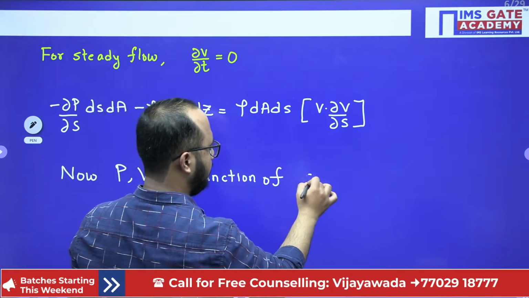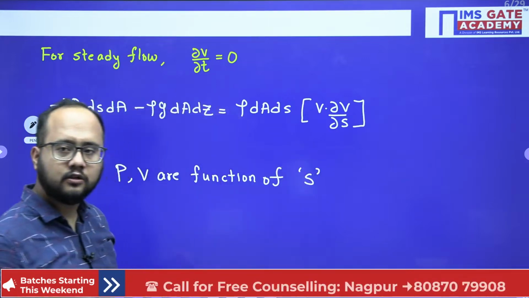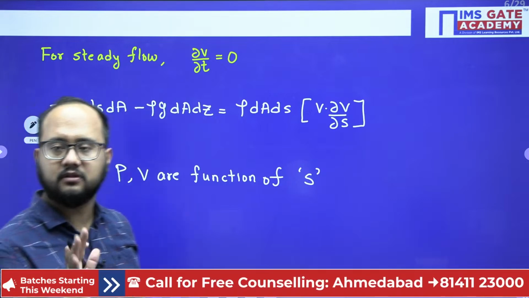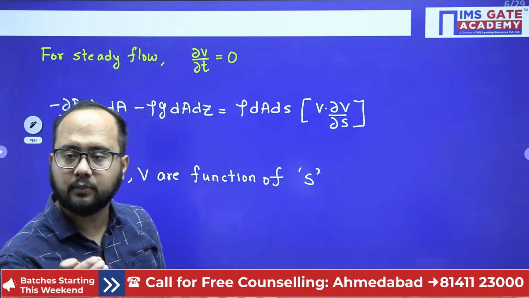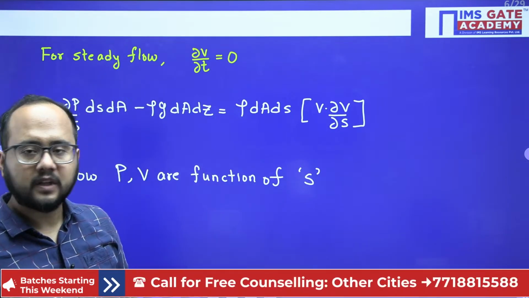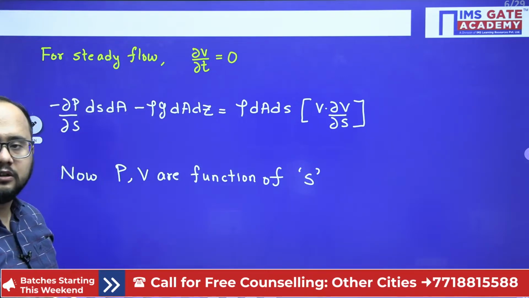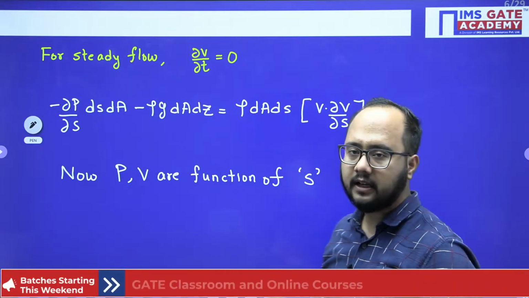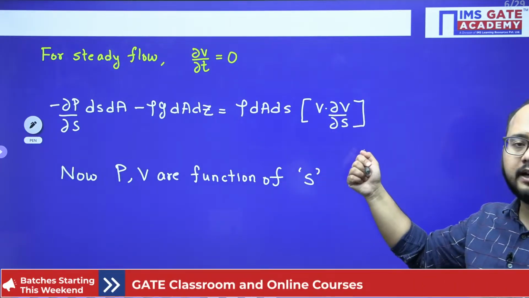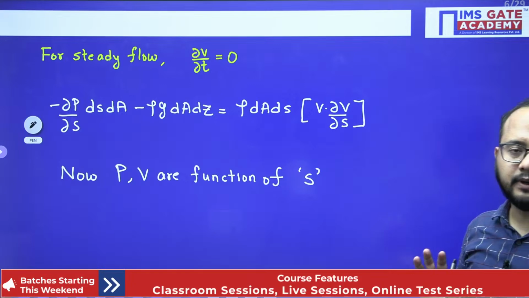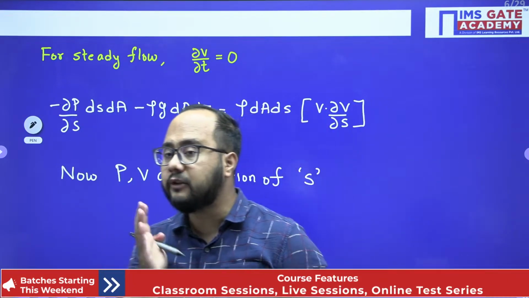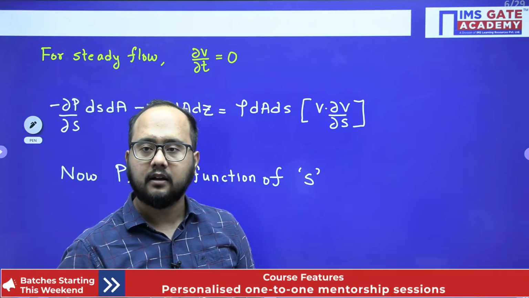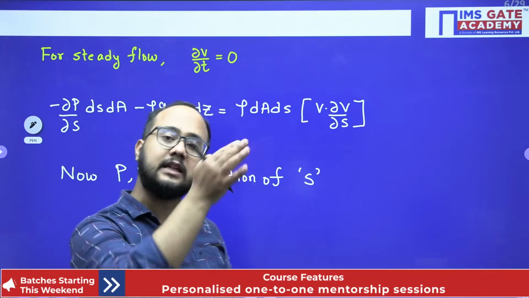So whatever partial differentiation I have written, I can call it a simple differentiation. That partial differentiation becomes the total differentiation, because it is a function of s only. So instead of writing ∂P/∂s, I will write dP/ds, and instead of ∂V/∂s, I will write dV/ds. Simple. That partial differentiation becomes the total differentiation because it is a function of a single variable, not the multiple variables that were initially there.